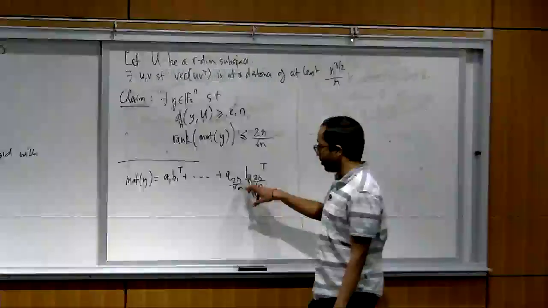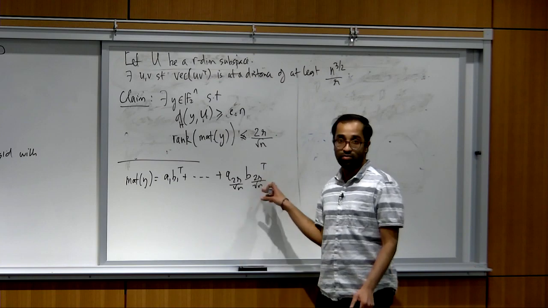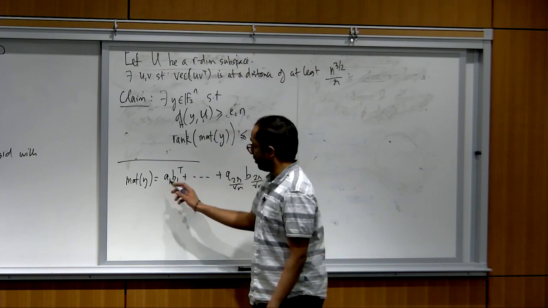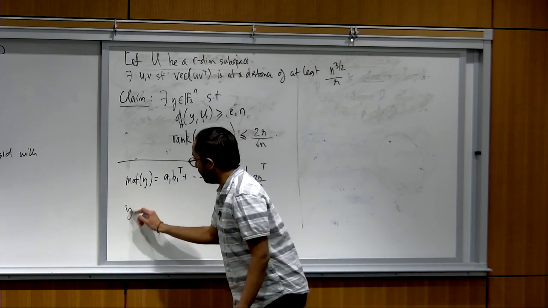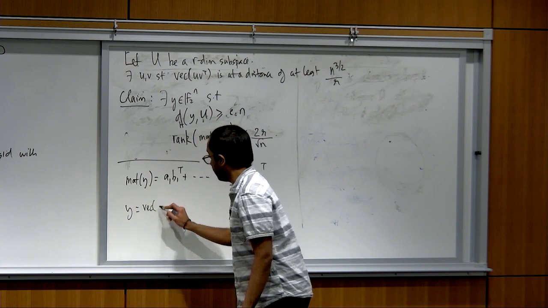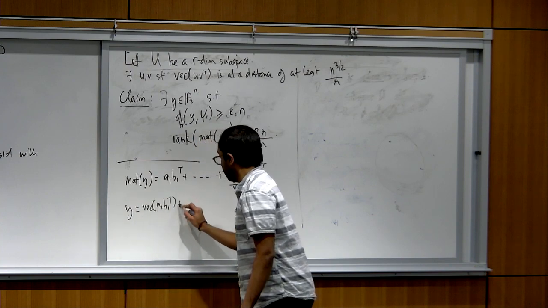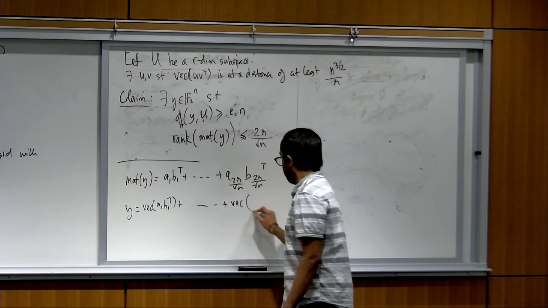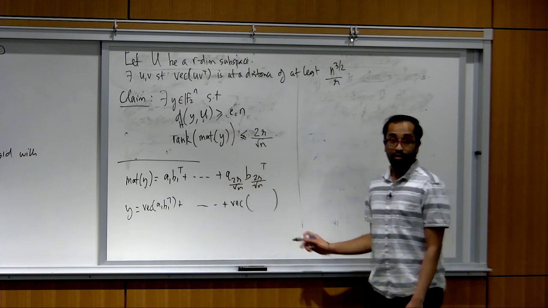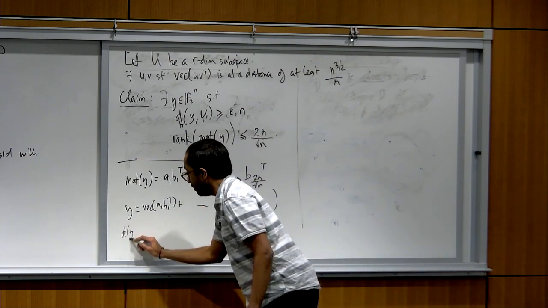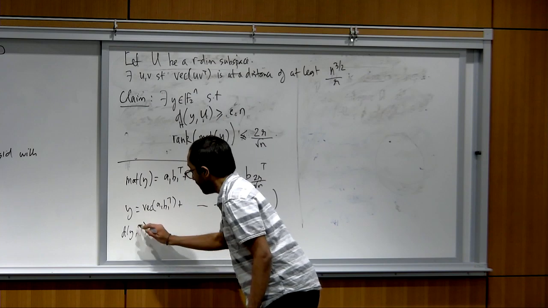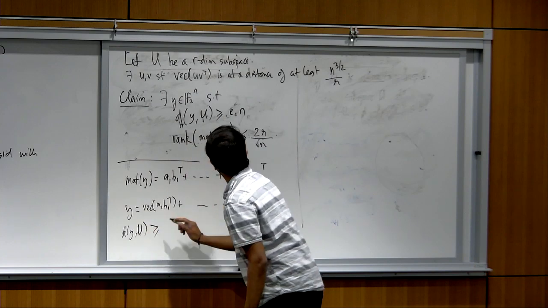Yeah, and then you can write it as a sum of 2r over square root n rank 1 matrices. So y is nothing but a vector of each of them. And we know that the distance of y from u is at least c times n.